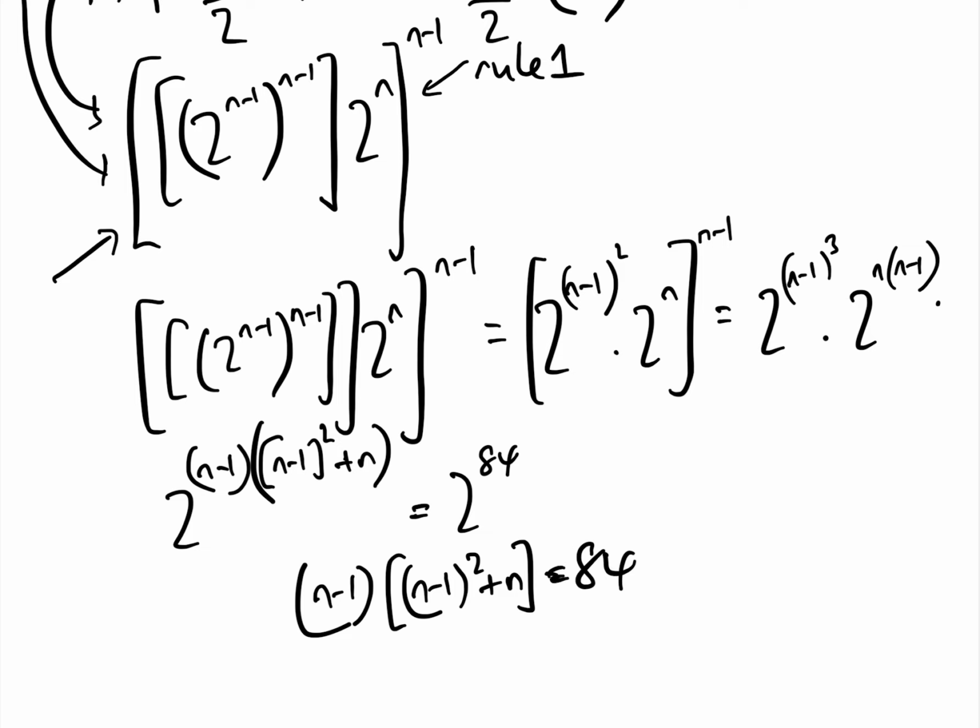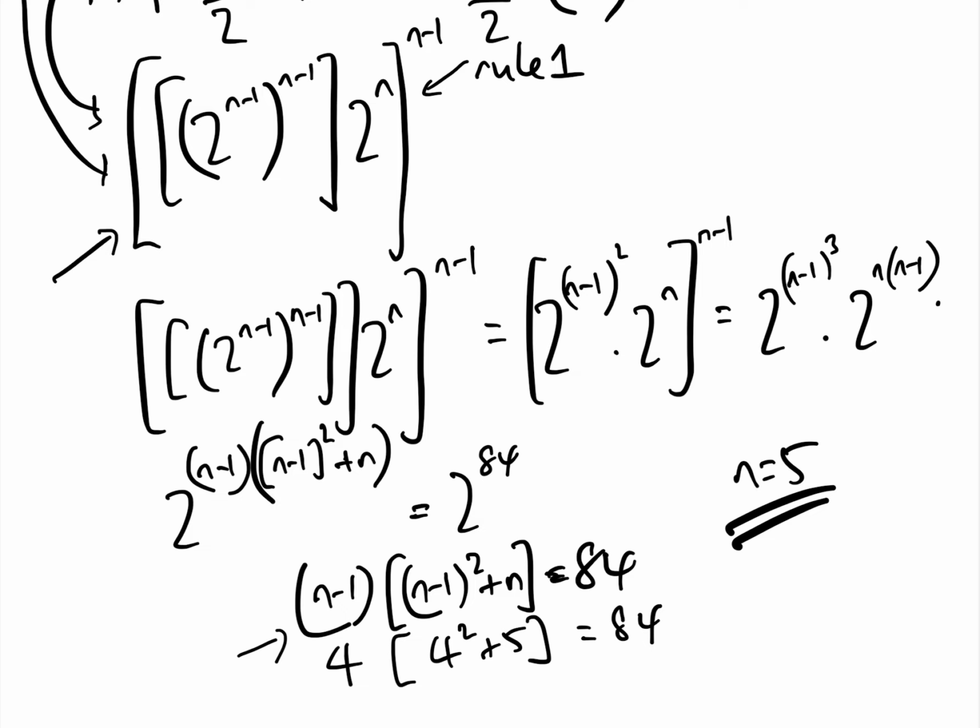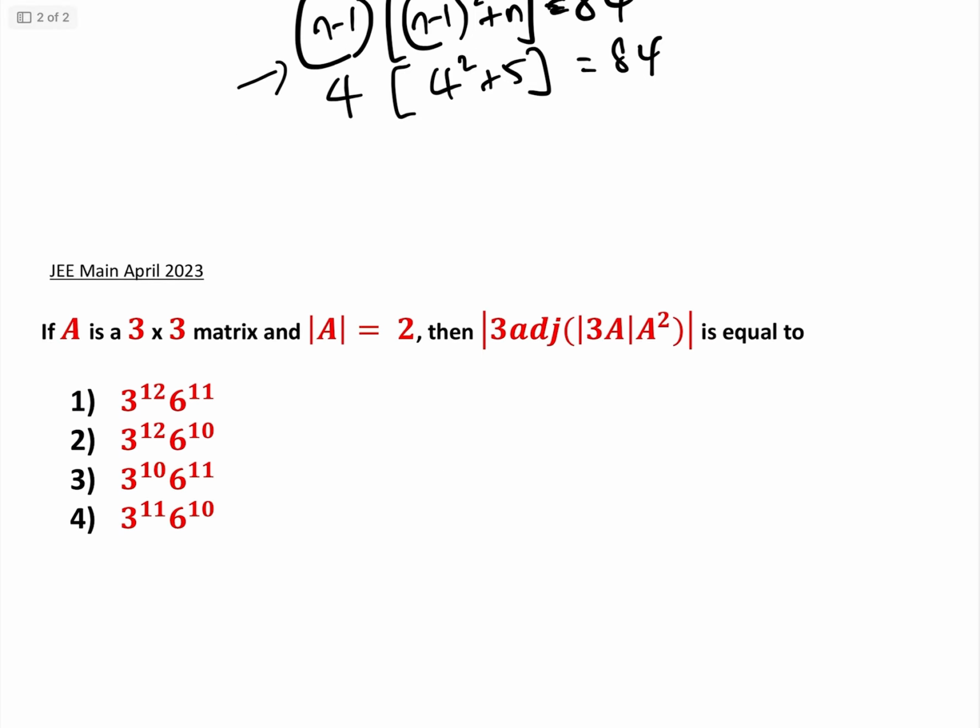And by inspection, and you will always be able to do this by inspection, n is 5. It's got to be an integer, and it's going to be a relatively low integer, so just try 1, 2, 3, 4 and 5, but when we get 5, that'll be 4 times 4 squared add 5, which indeed equals 84. So the answer here is n equals 5, and that's the answer to the second one.